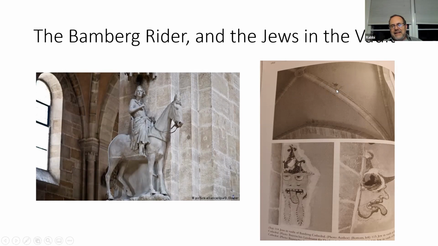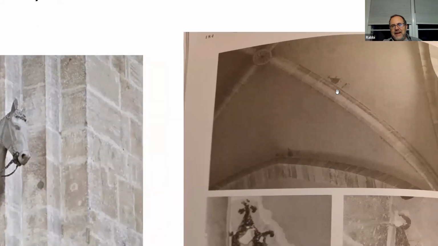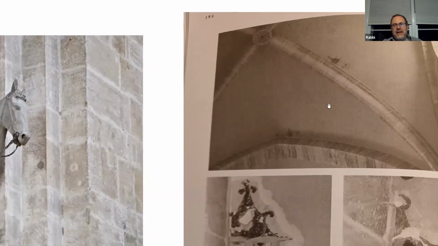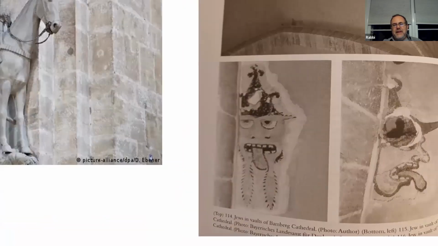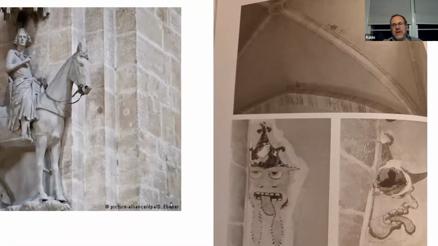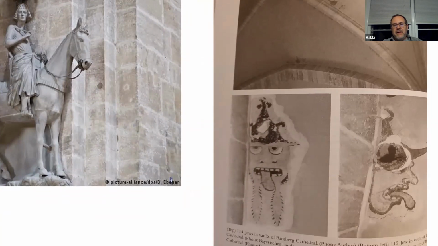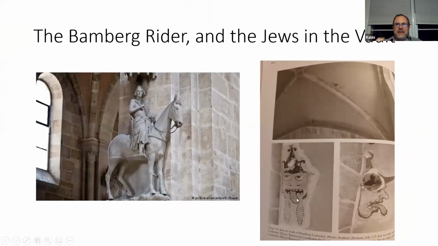And what is that? On the top of the vault, it is these images that one would say are caricatures of evil Jews, right? It's got those hats, and it's got the protruding nose, the tongue is out. This is sort of a grotesque beard, and that is at the top of the cathedral.